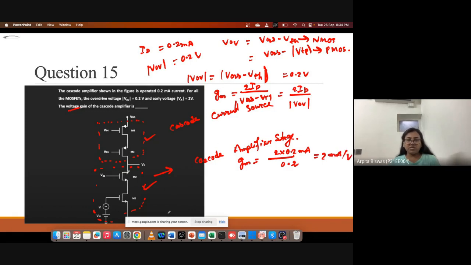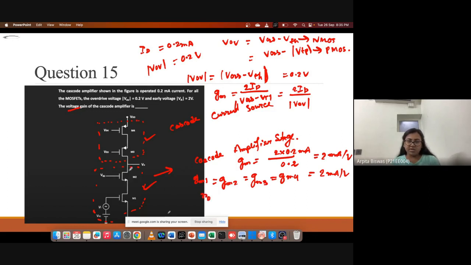All the transistors are identical, so gm1 equals gm2 equals gm3 equals gm4 equals 2 milliamps per volt.